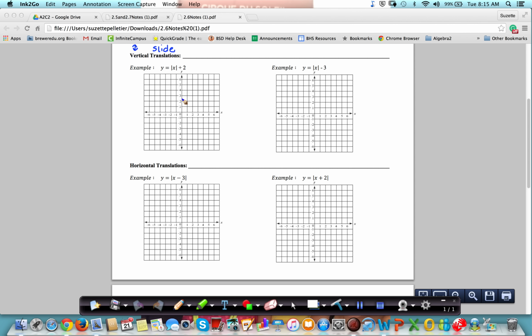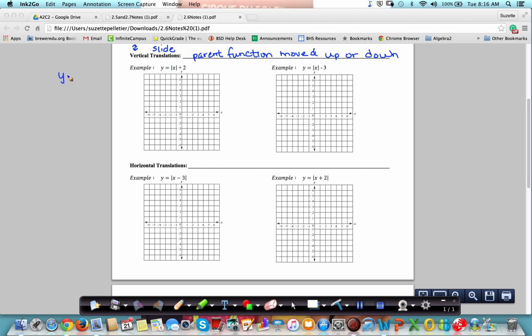So that means we're going to take our parent function and move it up or down. So the only thing changing about our parent function is it being shifted up or shifted down. We're not changing its shape. We're not changing its slope. We're just changing where it's moving.